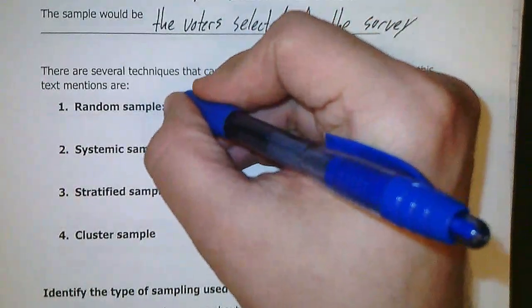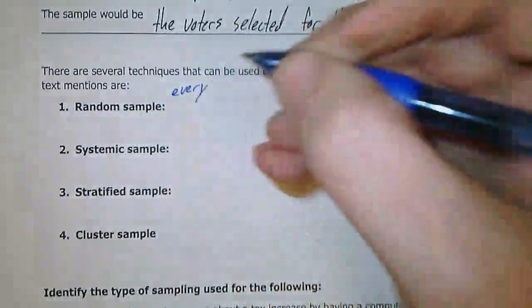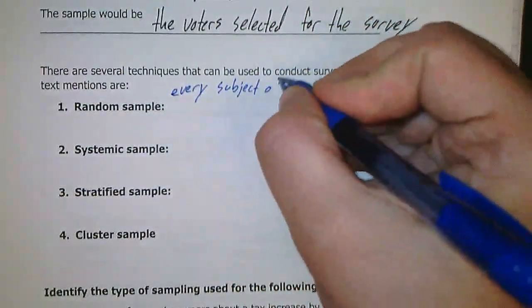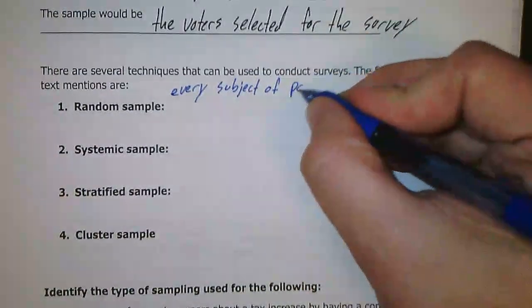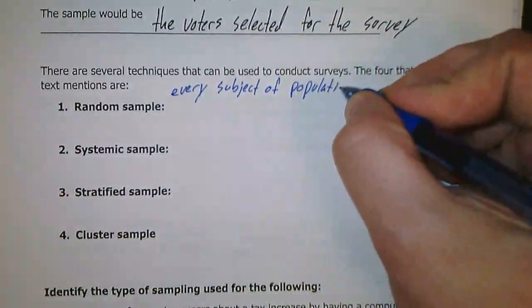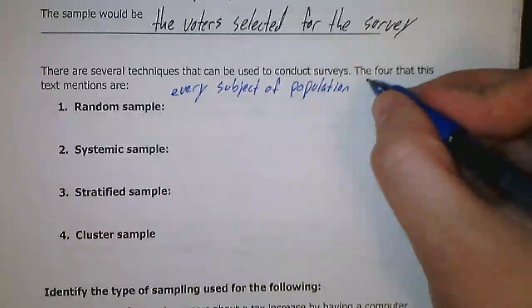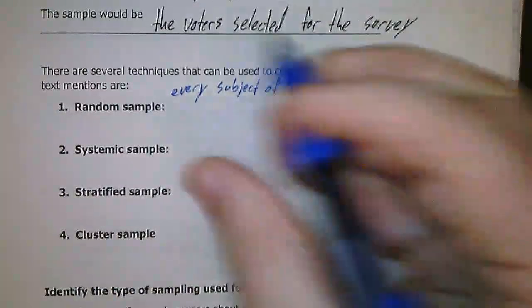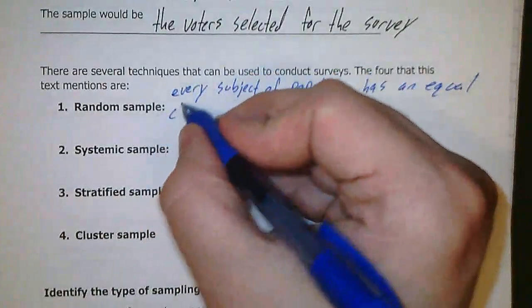A random sample means that every subject of the population has an equal chance of being selected.